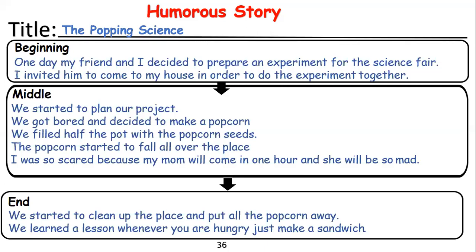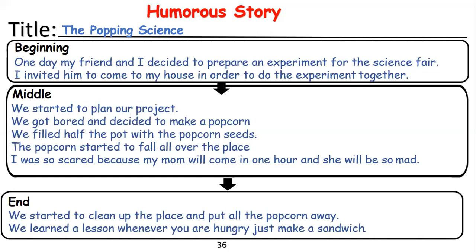What happened at the middle? We started to plan our project. We got bored and decided to make a popcorn. We filled half the pot with the popcorn seeds. The popcorn started to fall all over the place.